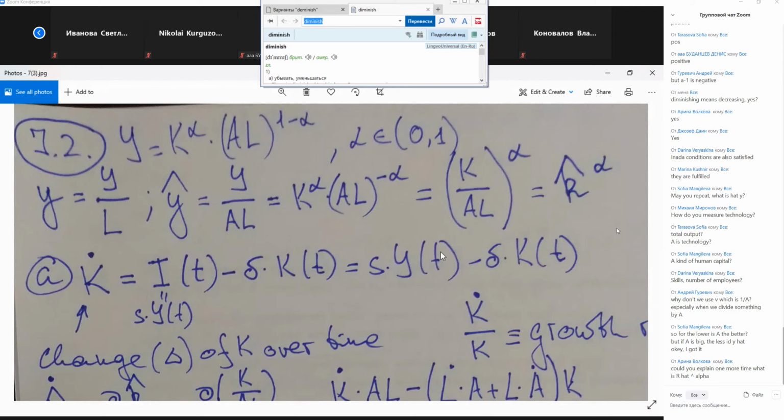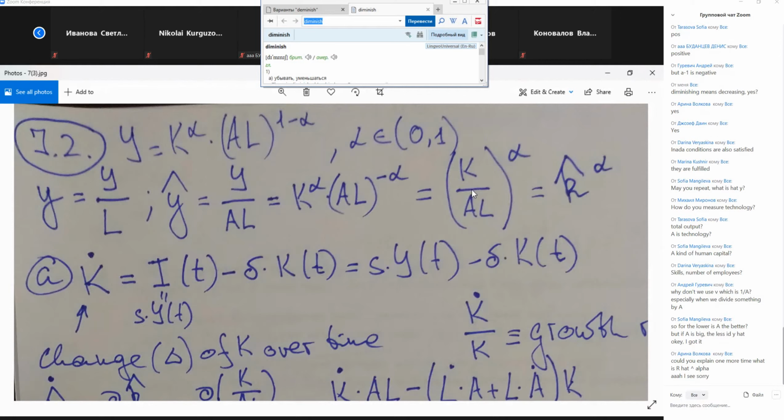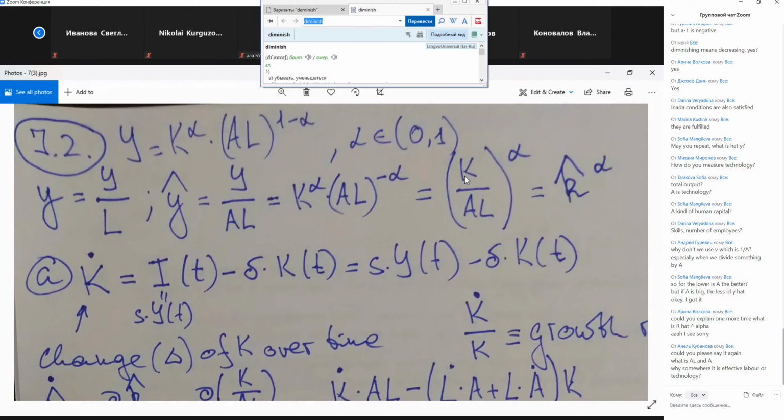Little k hat, with an alpha. So it's just substitution. So basically everything that we divide by AL becomes per unit of effective labor.